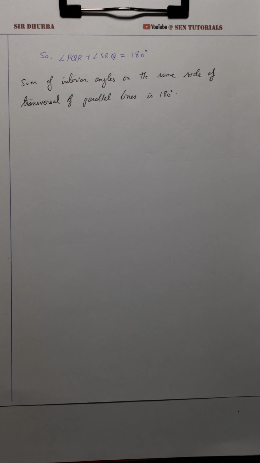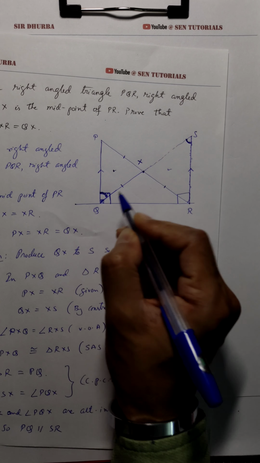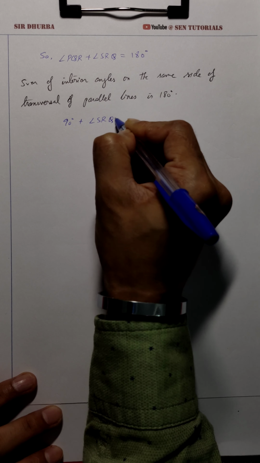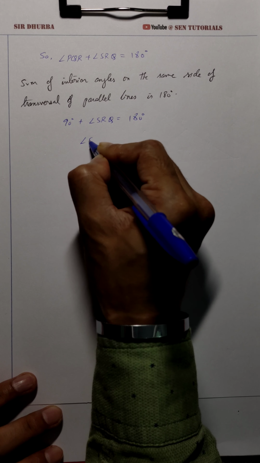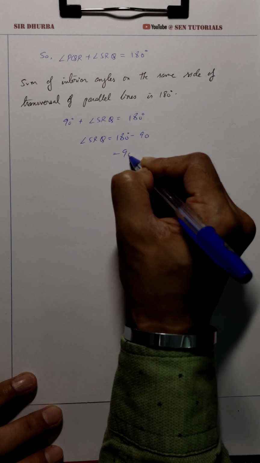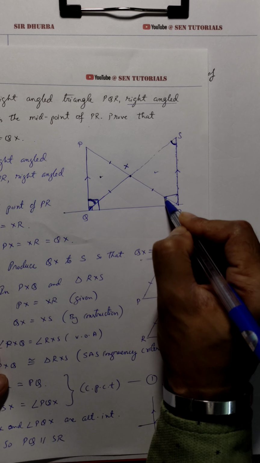But in the question, angle Q, that is PQR, is 90 degrees, already given. So 90 degrees plus angle SRQ equals 180 degrees, so angle SRQ equals 180 minus 90, that is 90 degrees. So now this angle is also 90 degrees.